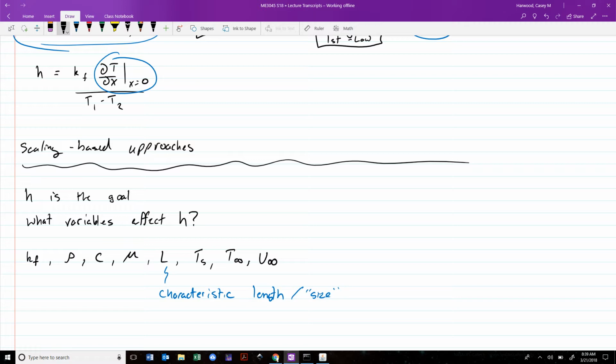And that probably forms a pretty complete basis of the parameters that affect H. So we've got 1, 2, 3, 4, 5, 6, 7, 8 independent variables and one dependent one, H.